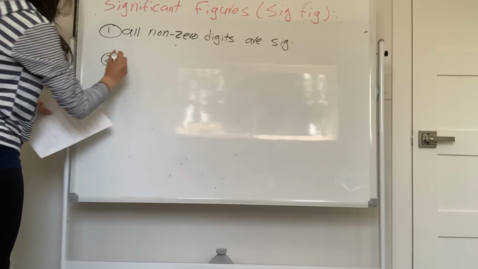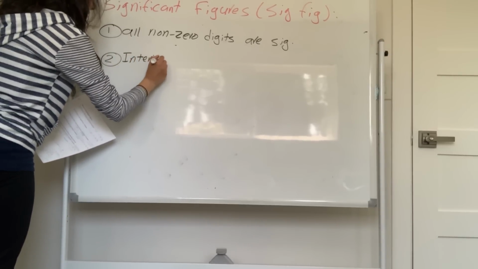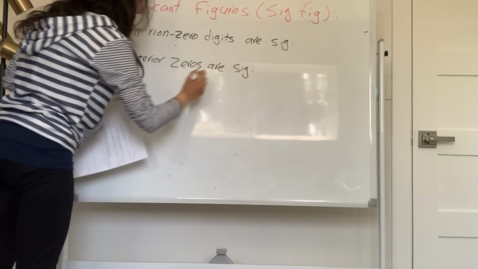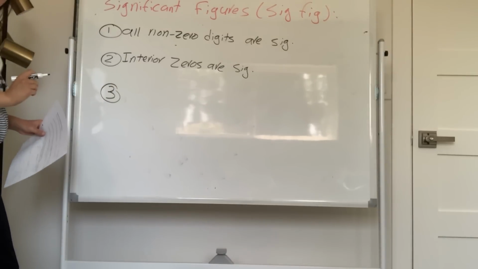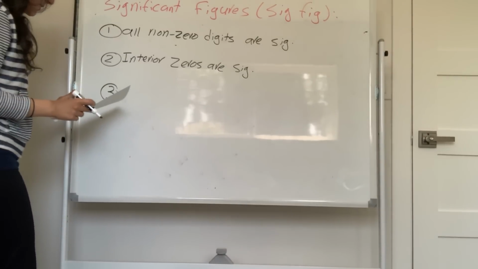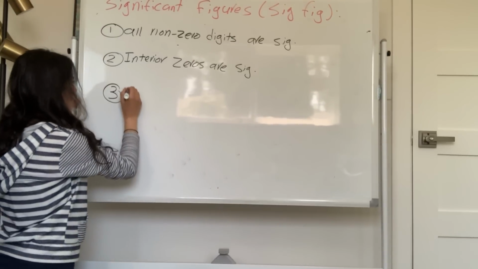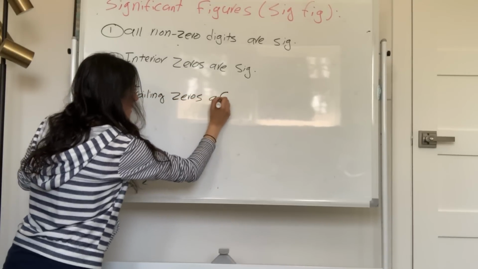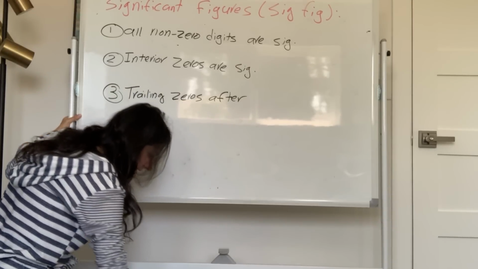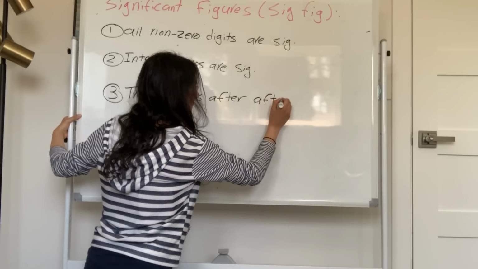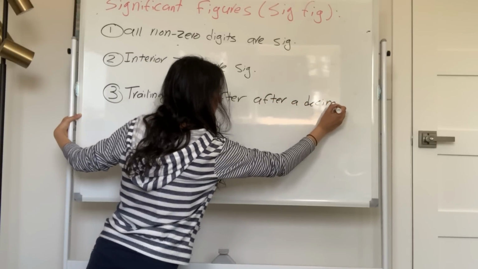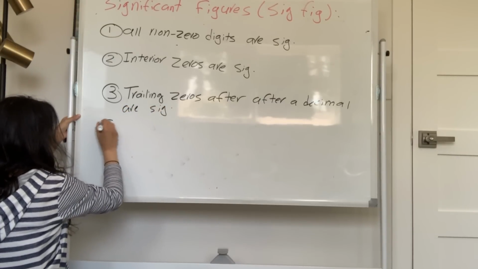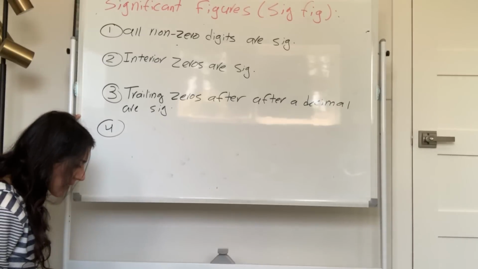Rule number 2, interior zeros are significant. Again, we will go over these rules. Number 3, trailing zeros after a decimal point are significant.